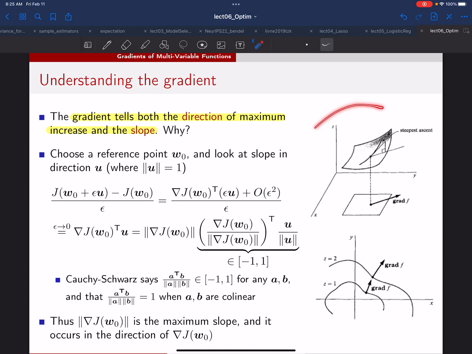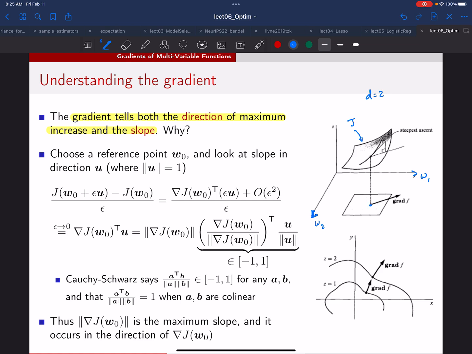So here's a picture of what we're talking about in this case. So here is the function J. This is a case of d equals 2. So we have, in one direction, W1, and W2.